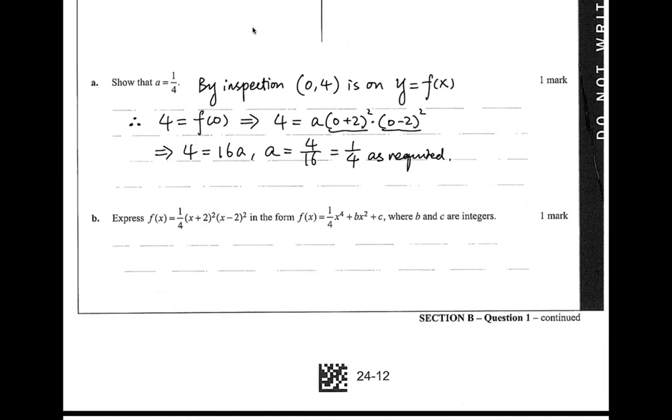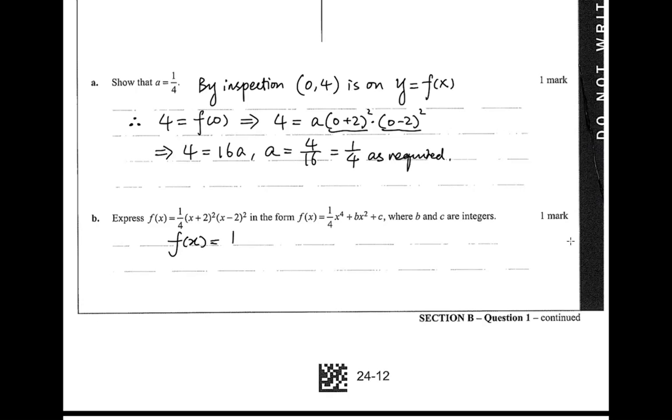Express f of x in the form of f of x equals 1/4 x to the power of 4 plus bx squared plus c. Here I just used my CAS calculator and expanded in the standard form.